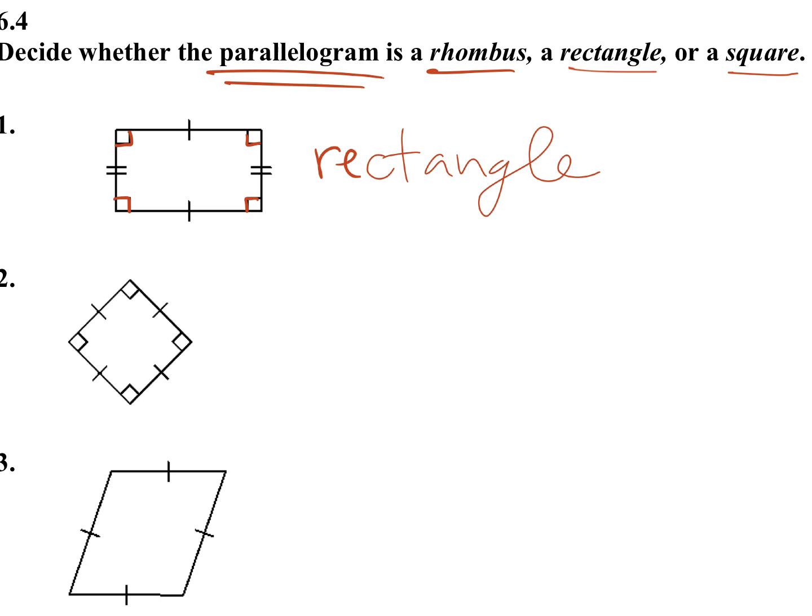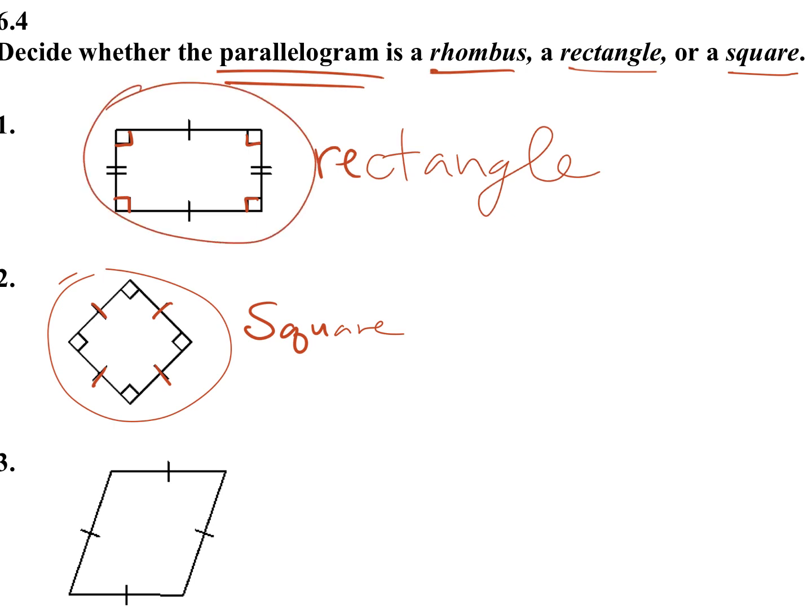Look at number 2 here. This is 4 congruent sides and 4 right angles. That is a square. It's also a rectangle because what is a rectangle? 4 right angles. So this is a type of rectangle. Now look at this one. That is a rectangle. Is it also a square?